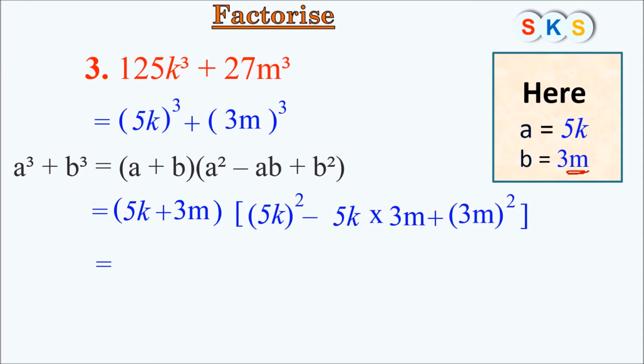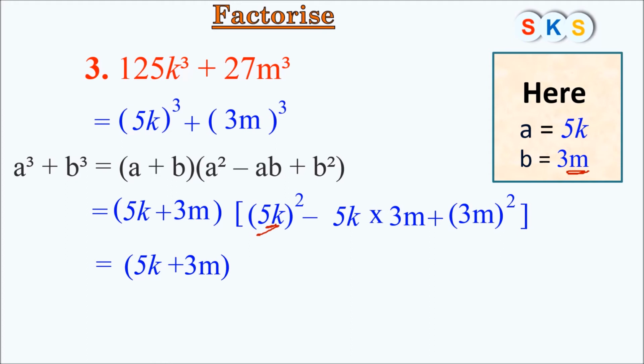Look at the first bracket, it's 5k plus 3m. We can't add 5k with 3m because they are unlike terms, so we will copy the first bracket as it is. Now in the second bracket you can see the first term is square of 5k. What do you mean by the square of 5k?